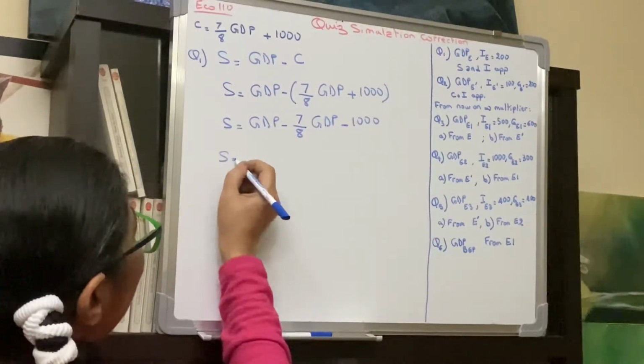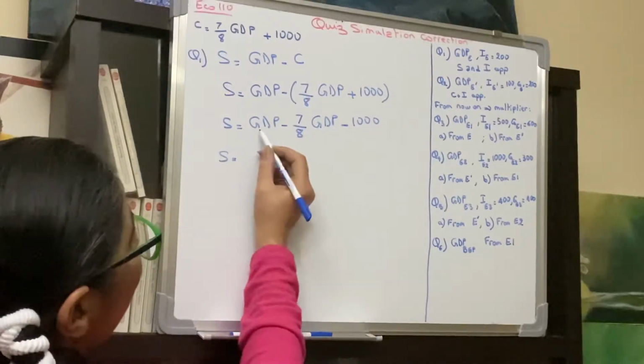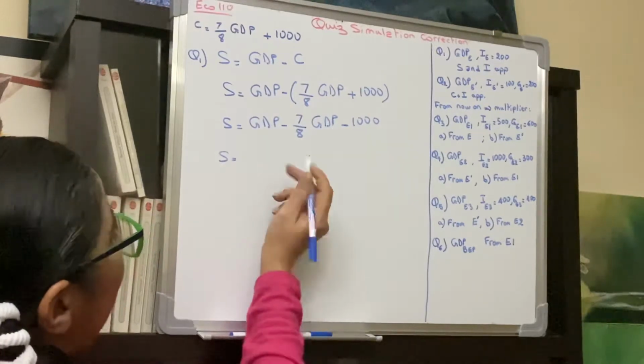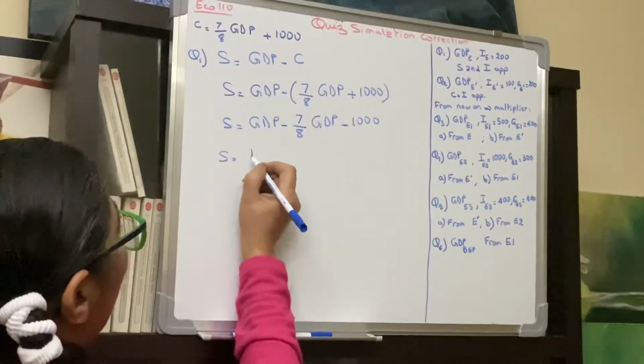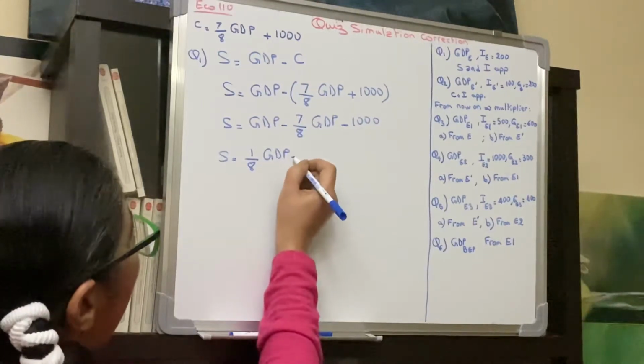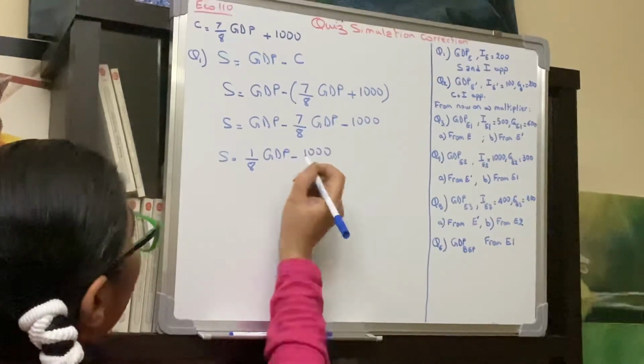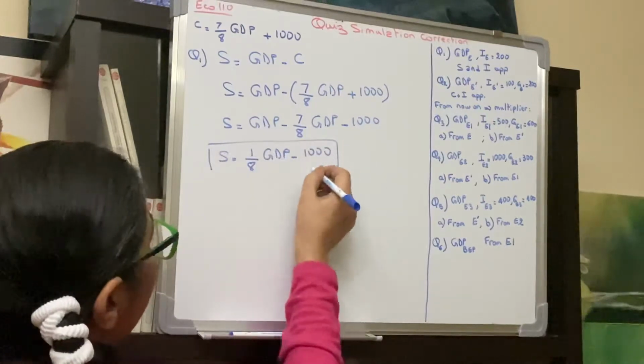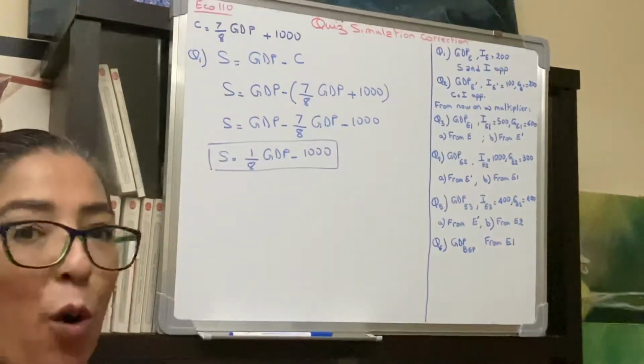So S is equal to, here GDP minus 7/8 GDP is going to give you the complement, which is 1/8 GDP minus 1,000. So that's your saving function, okay?